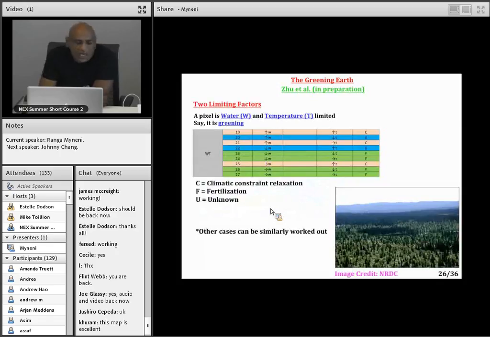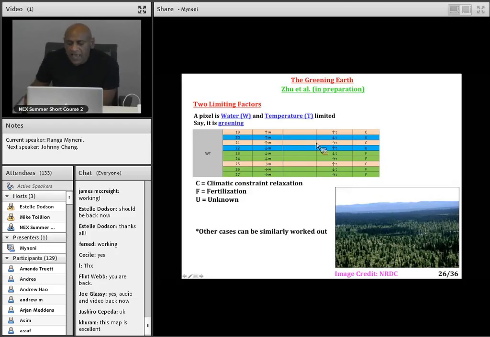Now, you take the case where you have two limiting factors that limit plant growth at a location, and I take the example of water and temperature, as in the boreal region, for instance. If we find the vegetation in that location is greening, and both precipitation and temperature have increased at that location over the 30-year period, we attribute the greening to abbreviation C, which in the table you will see as climatic constraint relaxation.